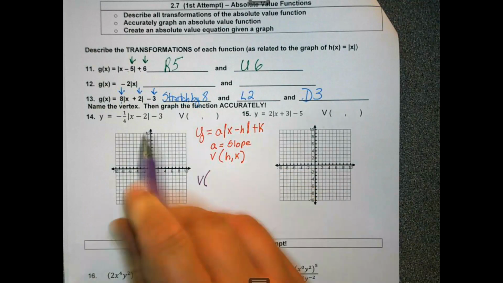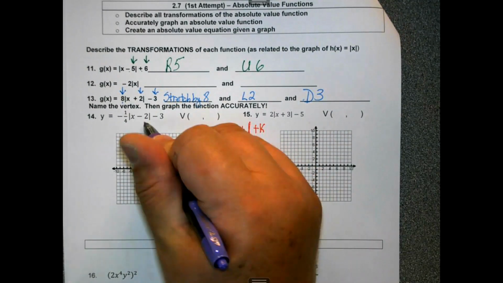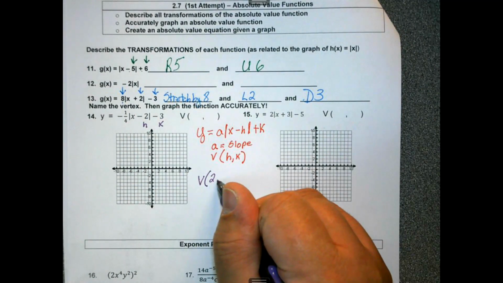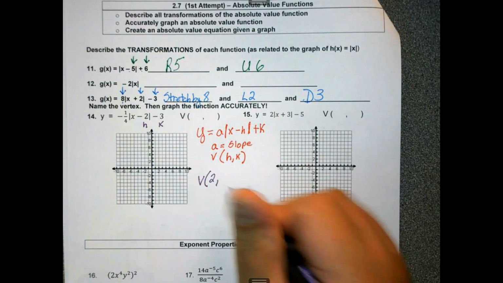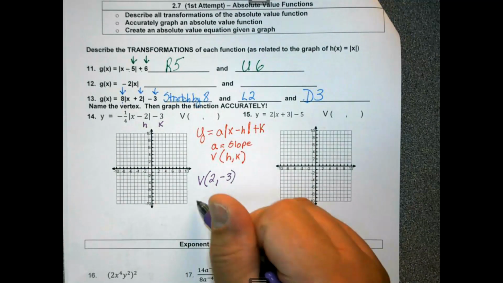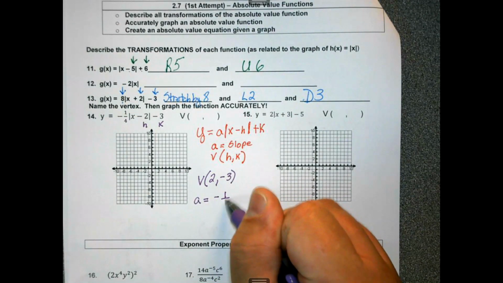So my vertex for 14, opposite the sign inside the parentheses, right? This is my h, that's my k. So I have a positive 2. My k is the same sign, so negative 3. My slope is negative 1/4.